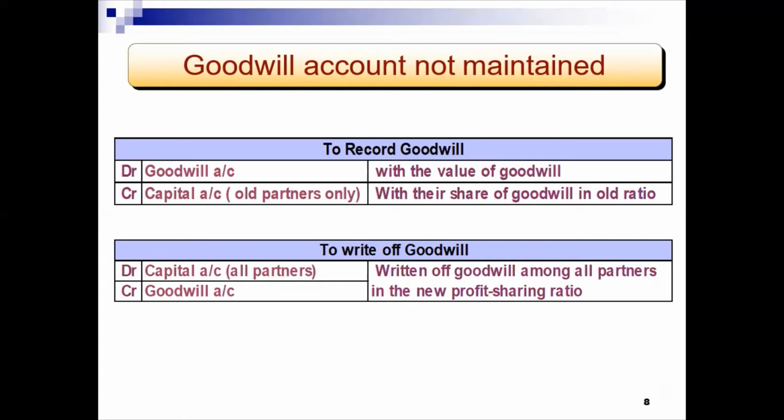Then goodwill is written off because it is not supposed to be maintained in the books of account. To write off goodwill, debit partners' capital accounts for all the partners, that is the old partners and the new partner who has just been admitted, with the share of goodwill written off for each partner in their new profit sharing ratio, and credit goodwill account with the total goodwill written off.